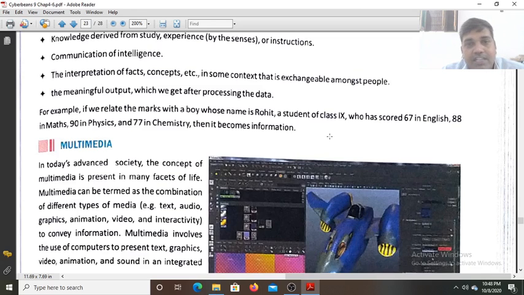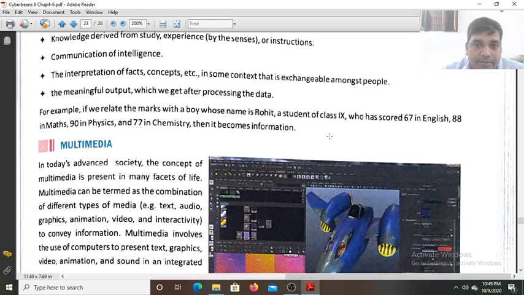Like after experiencing this pandemic COVID, the experts have experience that COVID-19 can be prevented with the help of social distancing, by applying social distancing in our behavior.